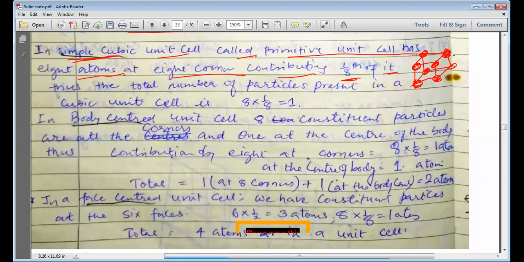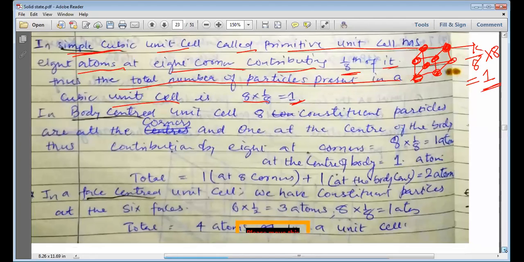So this has 1/8, 1/8, and in total we have 8 corners. So we will have one complete particle present in the primitive unit cell. Thus the total number of particles in a cubic unit cell is 1/8 multiplied by 8, that is 1. So in a primitive cubic unit cell, we have one particle per unit cell.